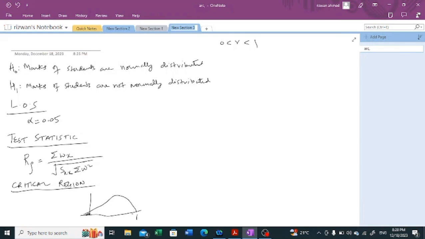This is a negatively skewed distribution. If we refer to the table that gives us the critical value for the correlation test of normality, we get 0.917 as the left tail critical value. That gives us the rejection region for H naught and the non-rejection region for H naught.